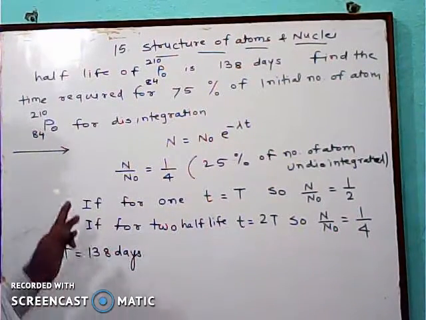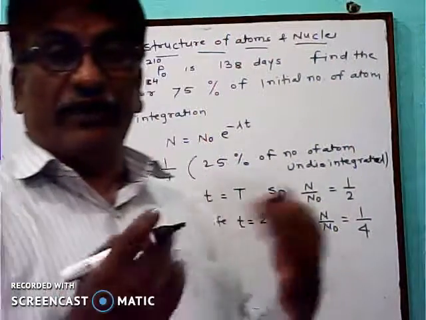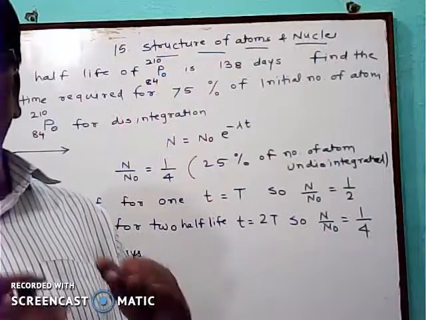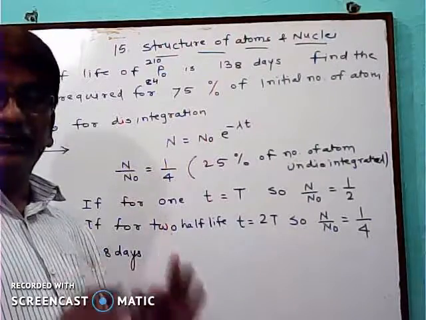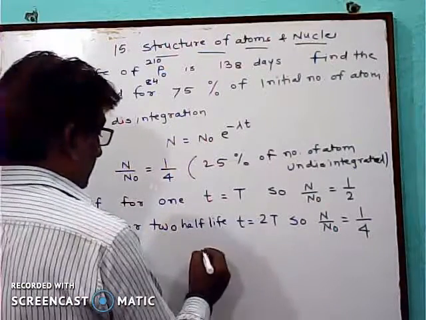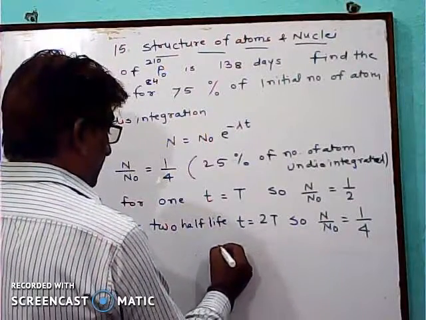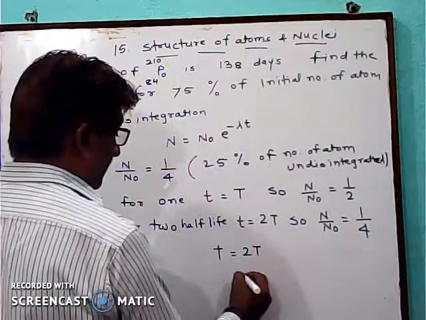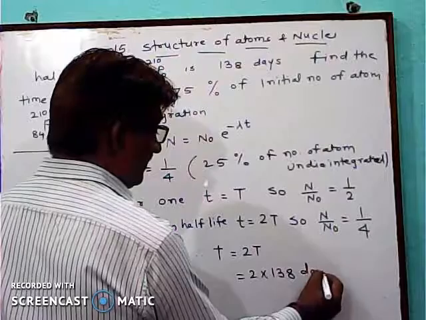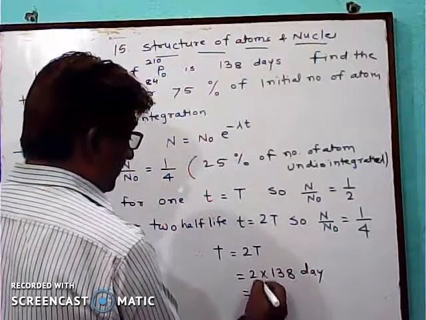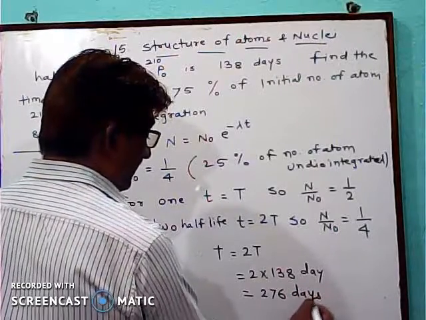So for 75% disintegration of atoms, the time will be 2 capital T, that is 2 into 138 days, which is 276 days.